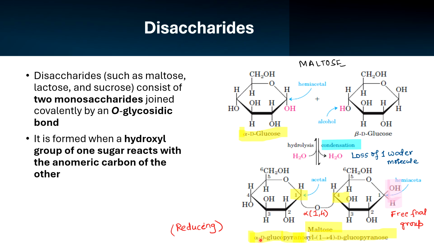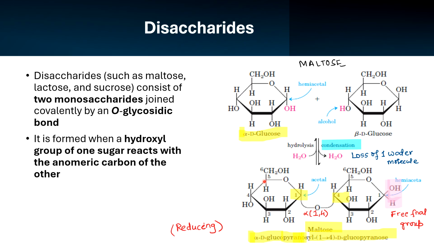Now what is a reducing sugar? We know that if sugars have a free functional group, mostly aldehyde or ketone, then they can convert Cu2+ to Cu+ and they are called reducing sugars, right? We had Benedict's test for this. We have discussed it before.